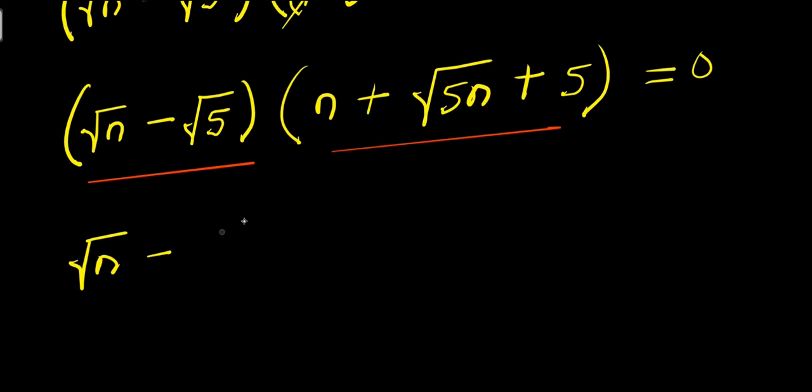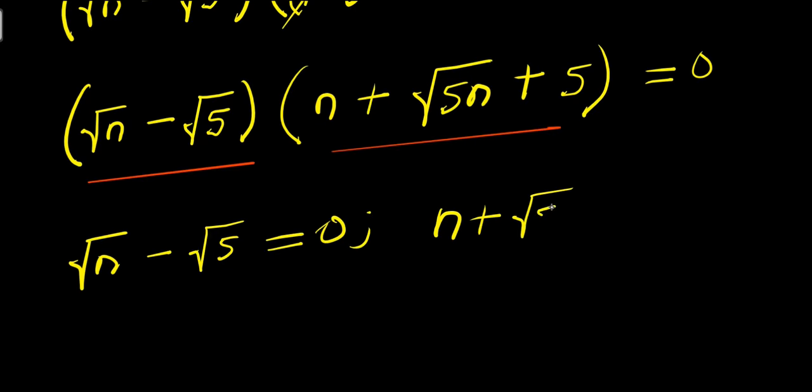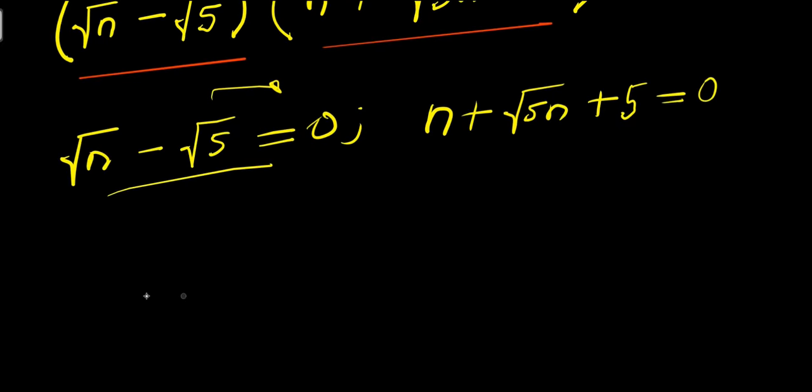I have square root of n minus square root of 5 equals 0. Also have n plus square root of 5n plus 5 equals 0. To solve this, I move this over here. I have square root of n equals square root of 5. This cancels this, I have n equals 5.